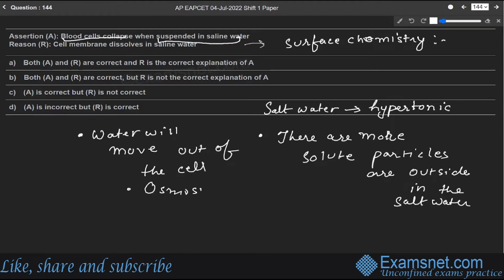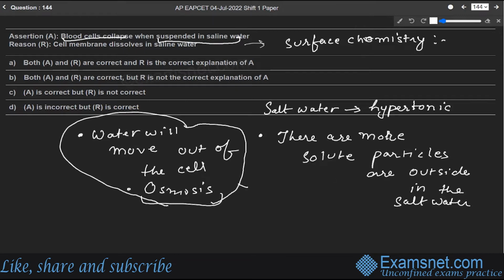If somebody asks you, the movement of solvent from inside to outside is basically osmosis, right? Due to this concentration gradient, if water moves outside the blood cell... for example, if I take all the water from your body, your body would start shriveling, right? You will shrink.